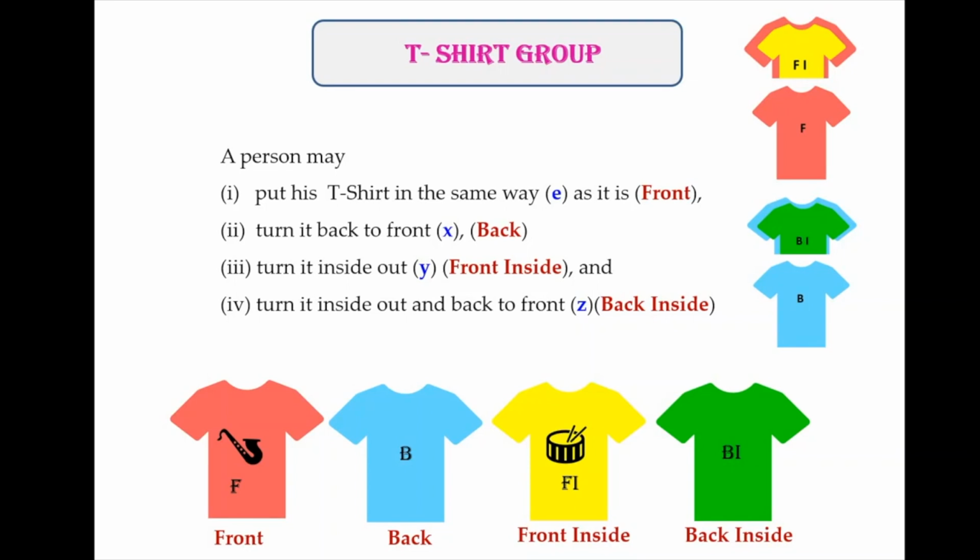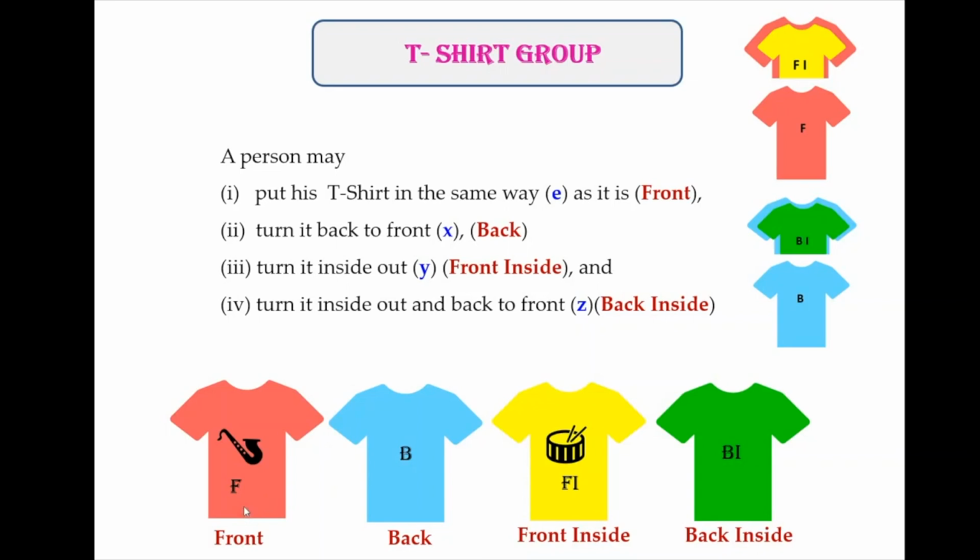Then you can turn the entire t-shirt inside out so that the front inside comes as the front part, and the back inside is at the back naturally. Again you can put that to the front so that the back inside will be at the front. So there are four ways that you can wear the same t-shirt.